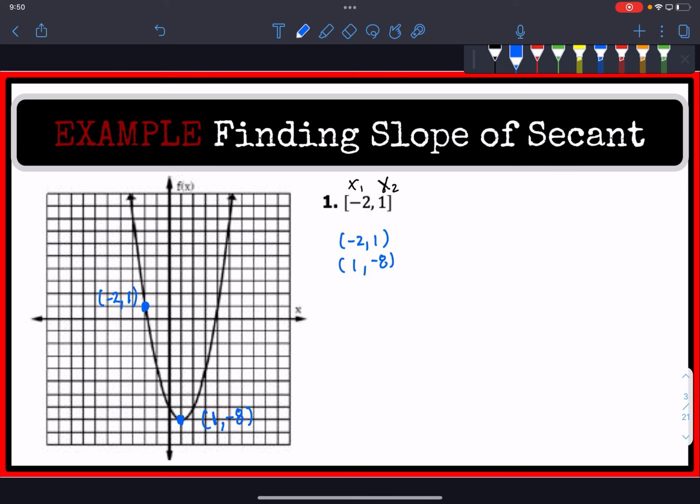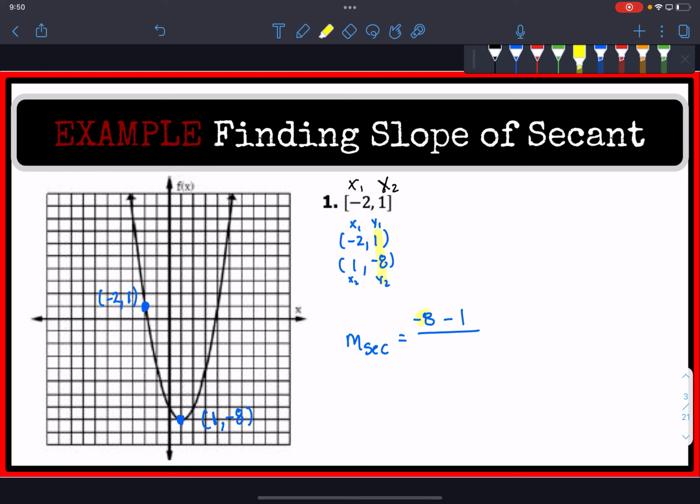That just means, in very layman's terms, that we have x1, y1, x2, y2. So using essentially the slope formula, we'll get the slope of our secant by getting negative 8 subtracting 1, which is y2 minus y1.